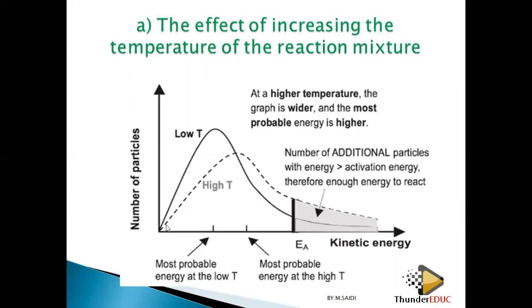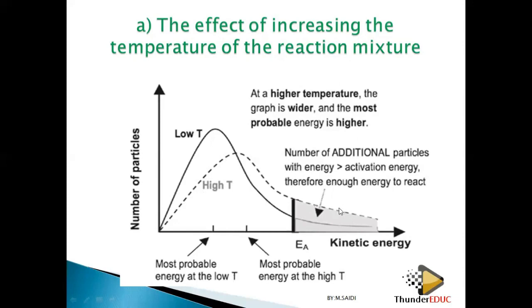So when you increase the temperature, you are increasing the kinetic energy. You are increasing the speed at which these particles are moving. And then this causes more collisions. So if the temperature is high, many particles will have more kinetic energy, and then they can be converted into products.